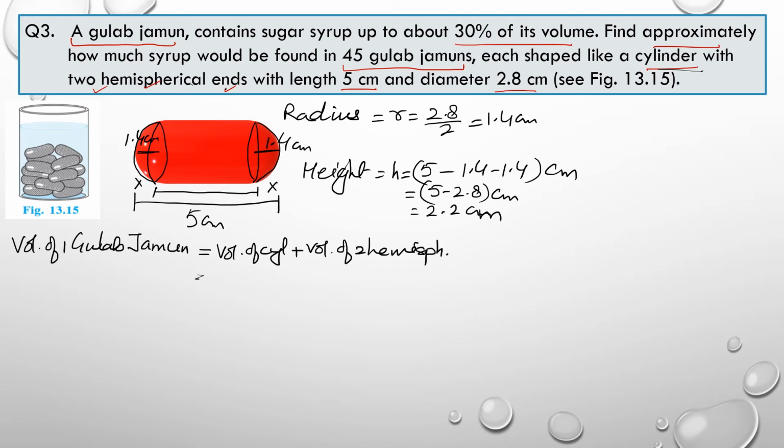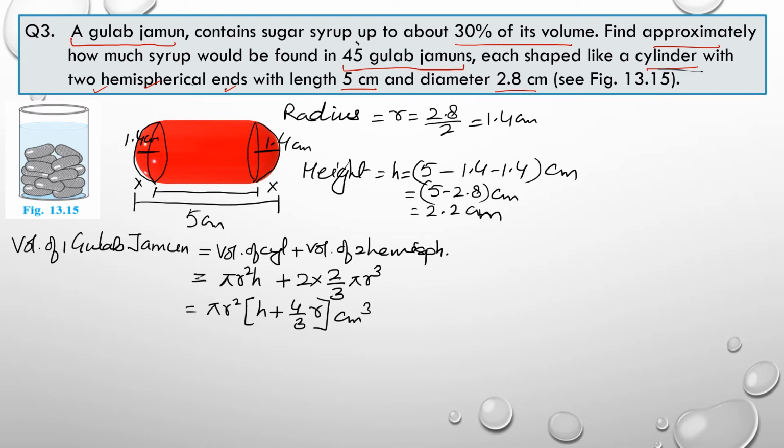Volume of cylinder is pi r square h, and volume of two hemispheres is 2 into 2 by 3 pi r cube. Let's take common. So we have pi r square h plus 4 by 3 r centimeter cube. Now this is the volume of one gulab jamun.